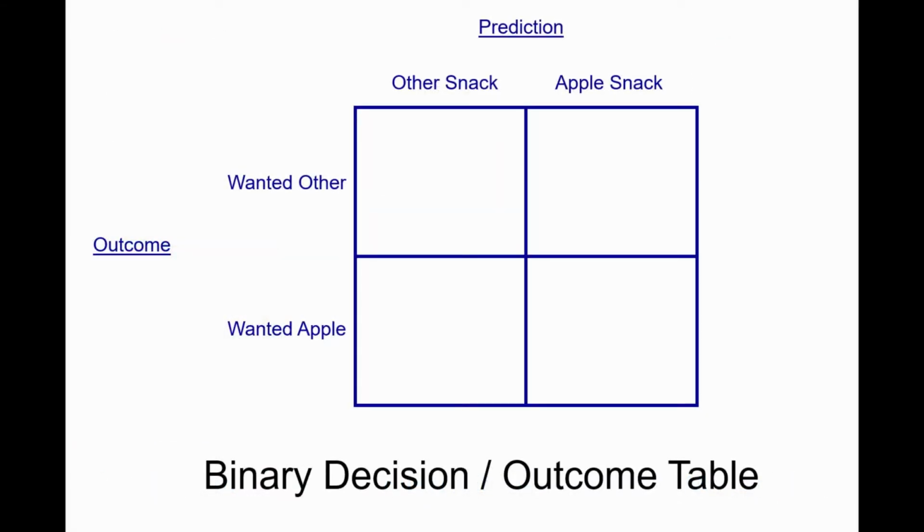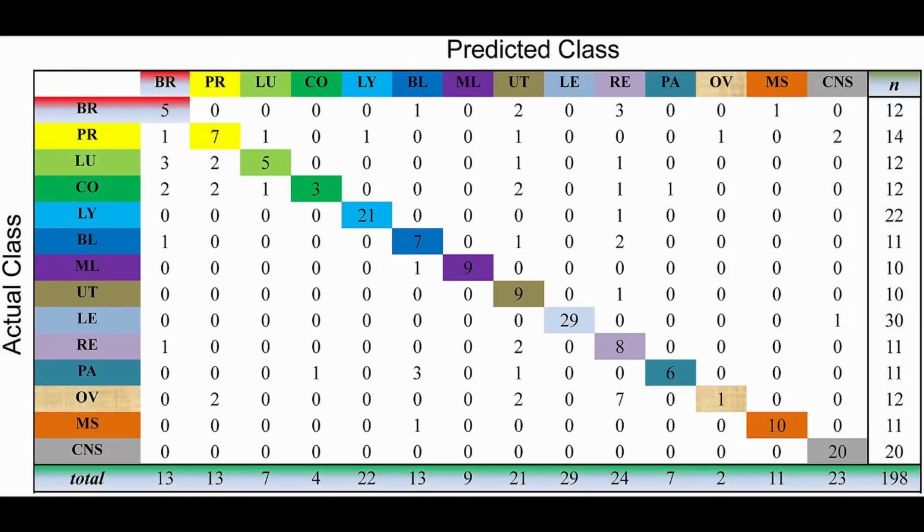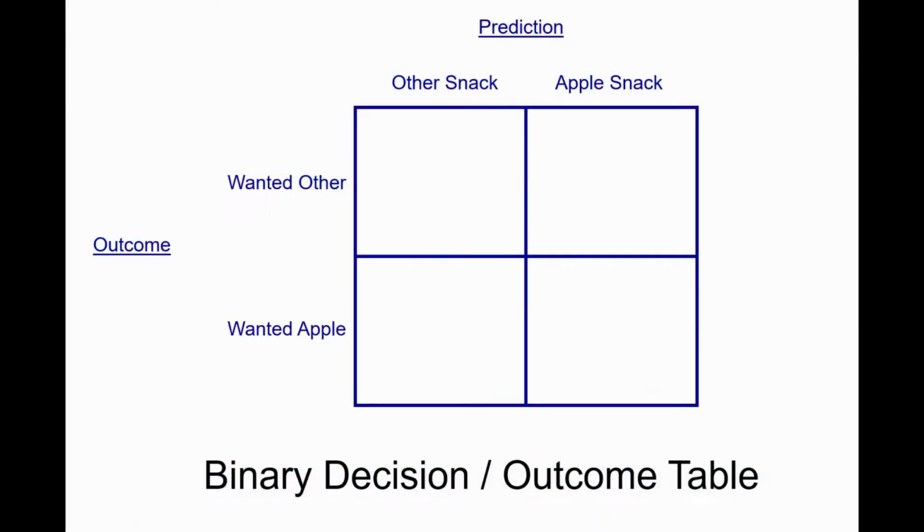Here, we're dealing only with binary decisions. Multi-class decisions produce confusion matrices with more rows and columns. That would be if we broke out other kinds of snack between popcorn, cookies, potato chips, whatever. But here we only have a binary decision, two choices, apple snack or other snack.